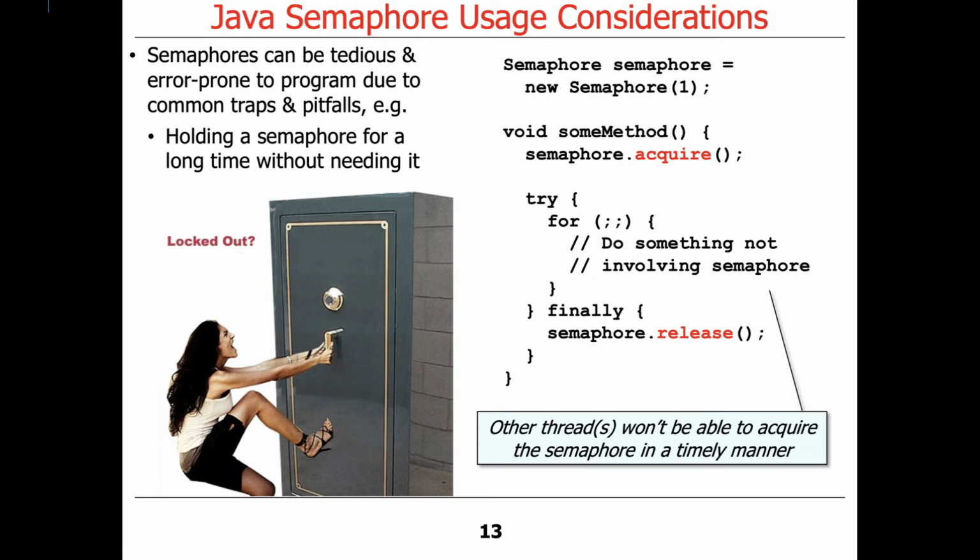We have a semaphore which starts out with a count of 1. We come into some method, we acquire the semaphore, and then we do some long-running computation. It has nothing whatsoever to do with the semaphore, and when we're done, we release the semaphore. Well, any other threads won't be able to acquire the semaphore while we're sitting here doing something that's unrelated. So that may not be the best use of those threads' time. So we probably need to think about how we refactor the code.